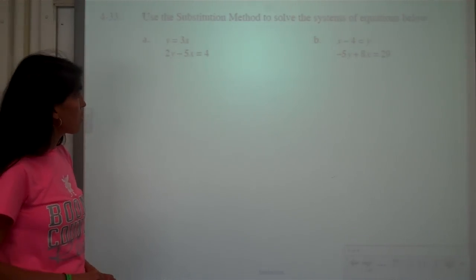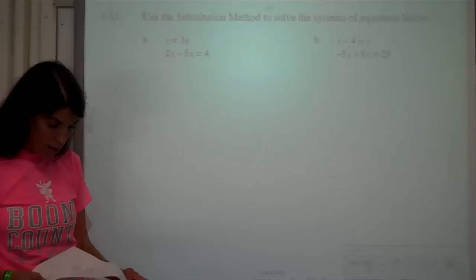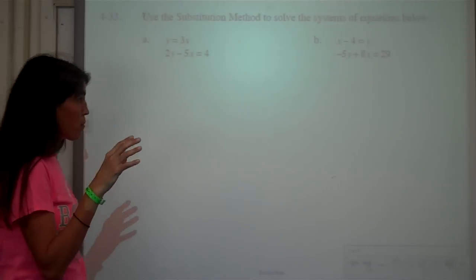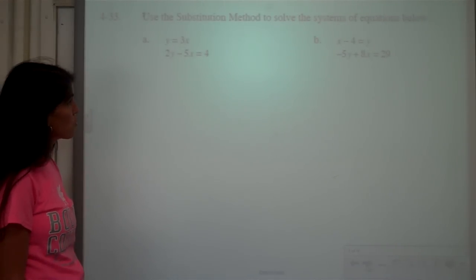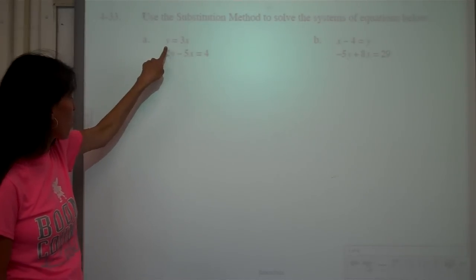Use the substitution method to solve the systems of equations below. There are 4 examples here. I think we're going to do 1 or 2 together, and then I'm going to guide you through one, and then you're going to try one. To use the substitution method, you have to have a variable solved for.